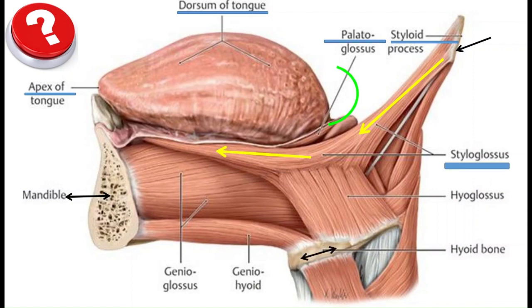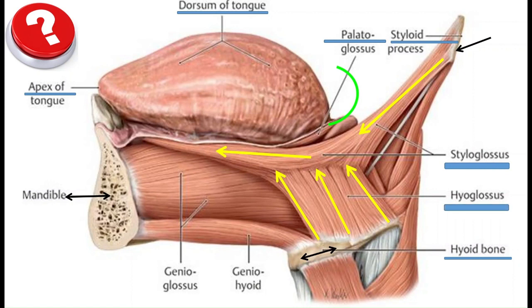Next is the hyoid bone. The hyoid bone is something you know by now, is within the horseshoe shape of the mandible, and this hyoid bone is going to give origin to a muscle from its body and from the greater horn, and this muscle is going to be inserted into the tongue, and this muscle is the hyoglossus muscle.